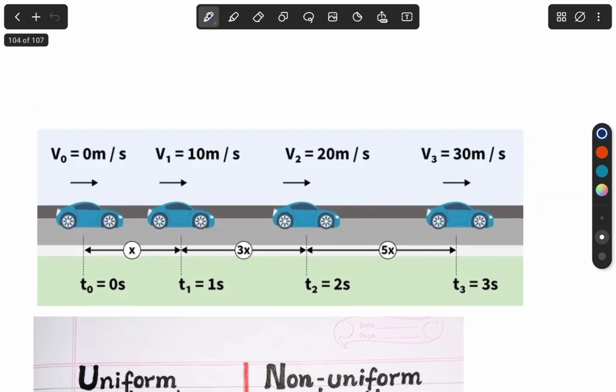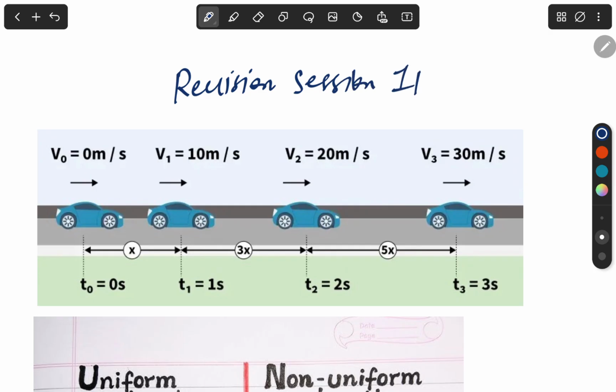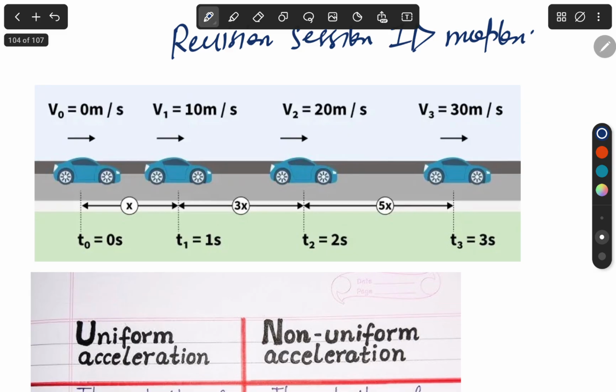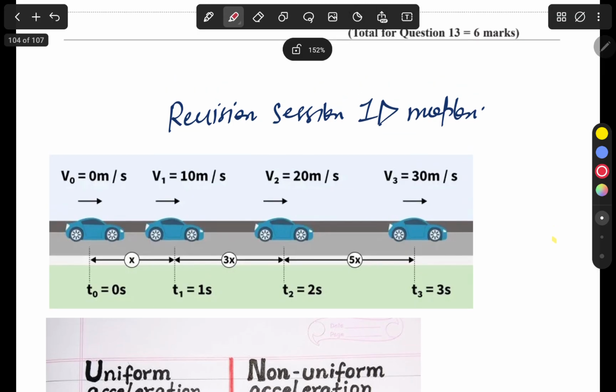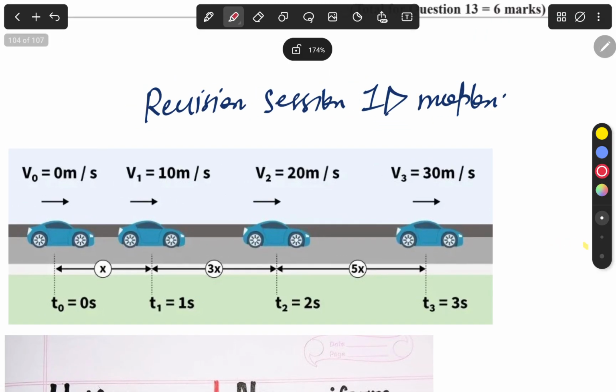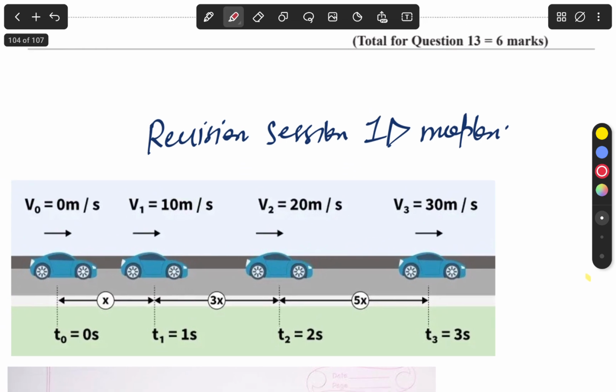So this is a revision session on one-dimensional motion. Previously we saw that in the study of kinematics we have speed.